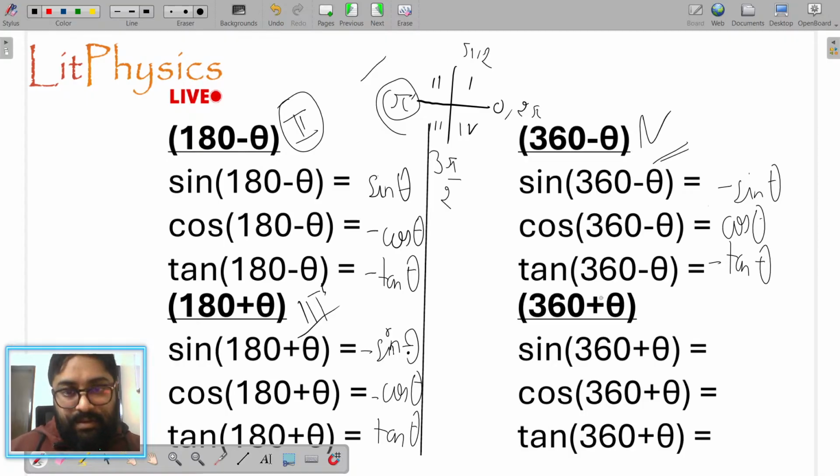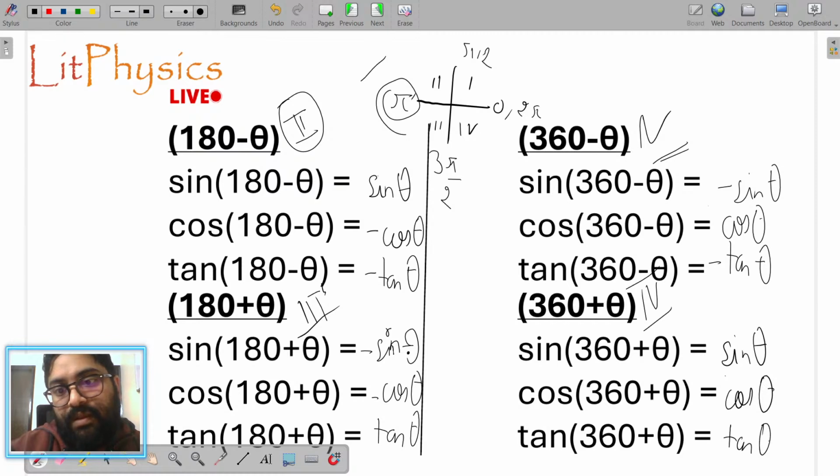360 plus theta, fourth quadrant, we have sine theta, cos theta, tan theta. Why is 360 plus theta equal to sine theta?